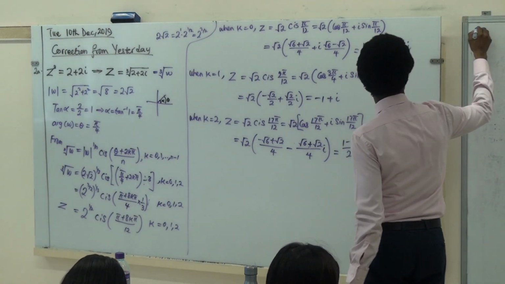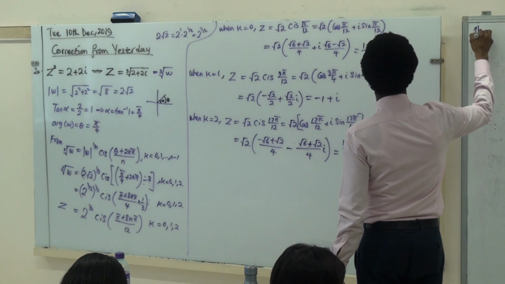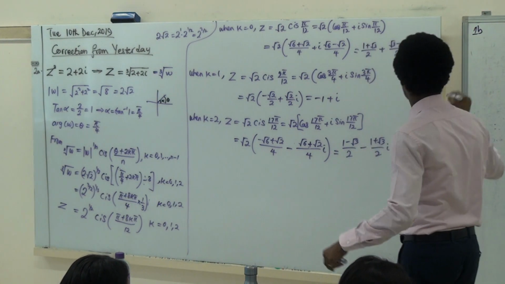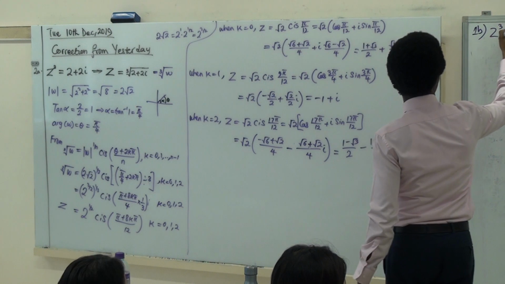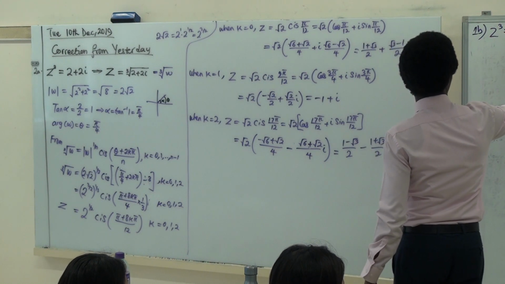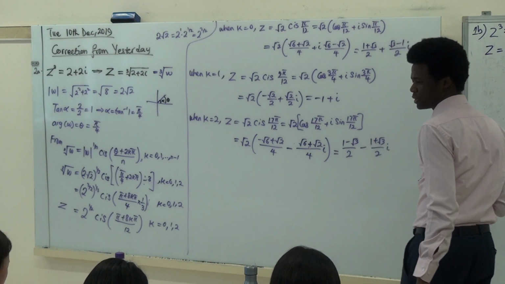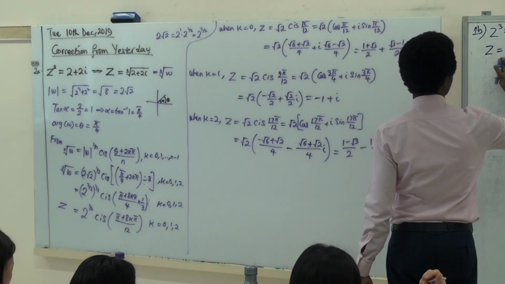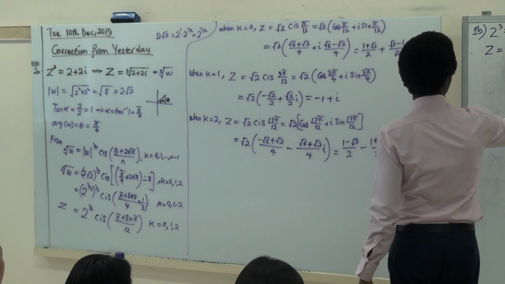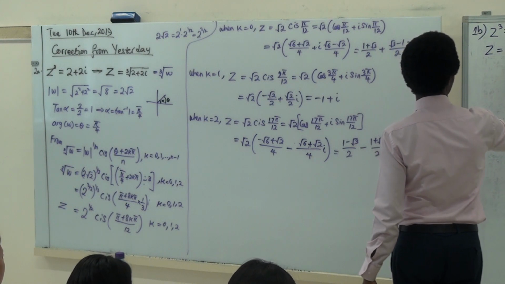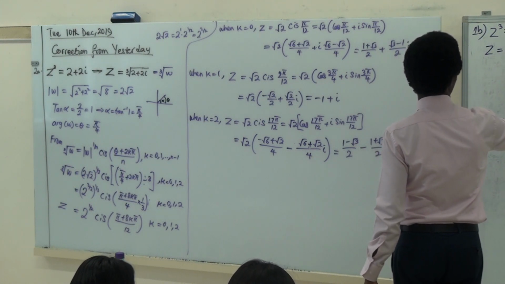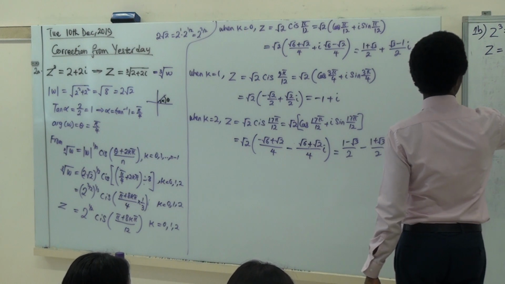What is the question for 1B? Z cubed equals minus 27i. And what did you get as the values of Z? First one: 3 root 3 over 2 minus 3 over 2i.